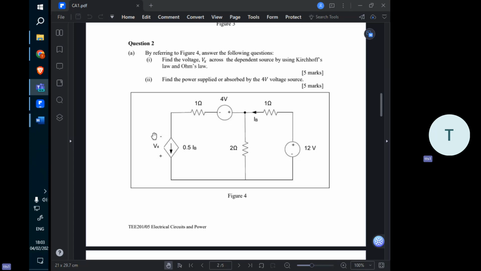Current source can also have a voltage across. So this current source depends on this current. Let's say you have 4 amp flowing through here, then you have 2 amp here, because this is half of the IB. Whatever IB flowing through here, let's say 4 ampere, you get 2 ampere here.